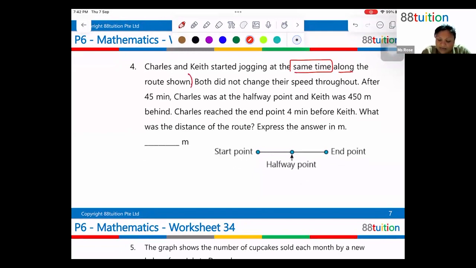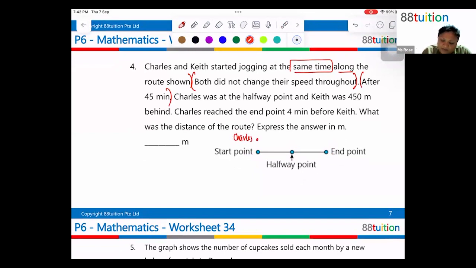So we have the start here and the end. And this is the halfway point. Now, both did not change their speed throughout, but after 45 minutes, let's say Charles is here.